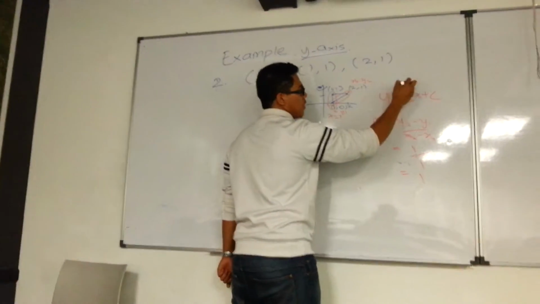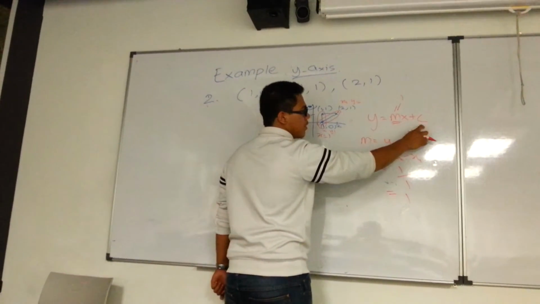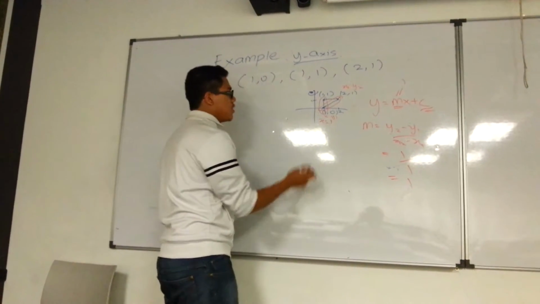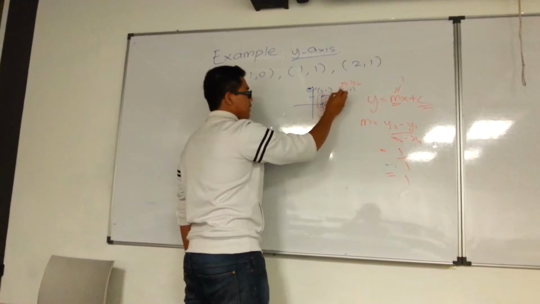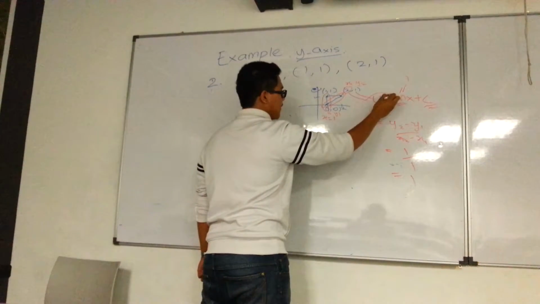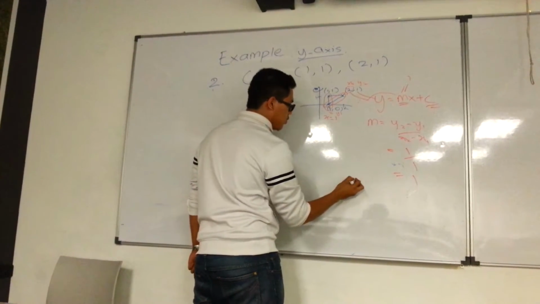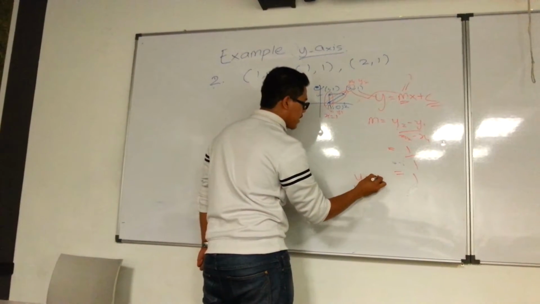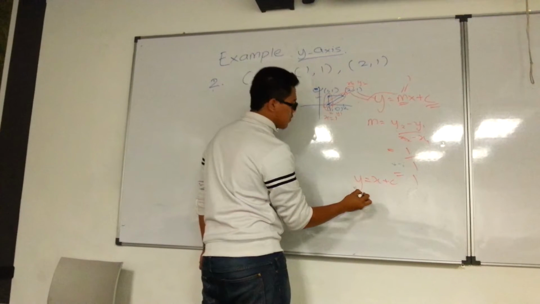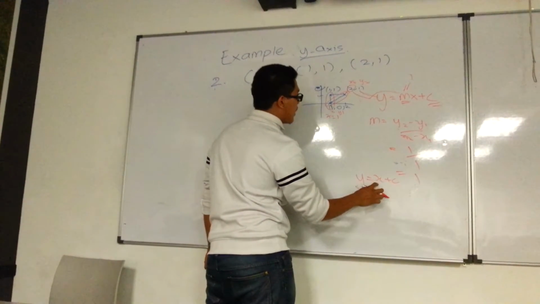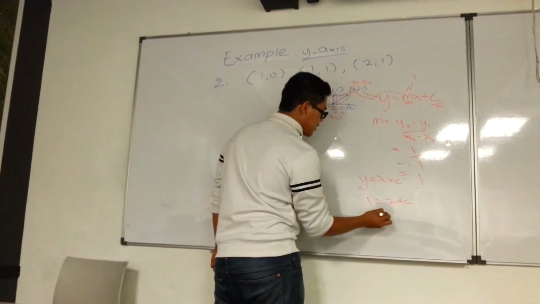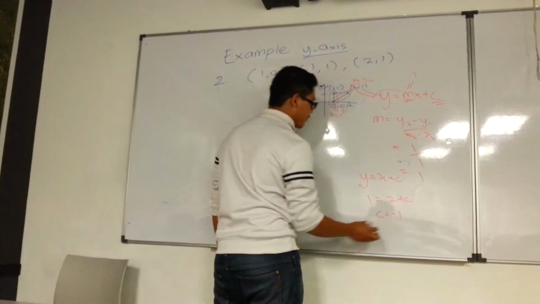We know the m is 1. Now we find c. It's easy to find c because you just put the value inside here. So y is equal to x plus c. y is 1, x is 2, so 1 is equal to 2 plus c. c is equal to negative 1.